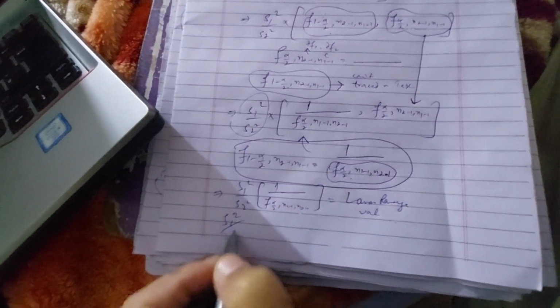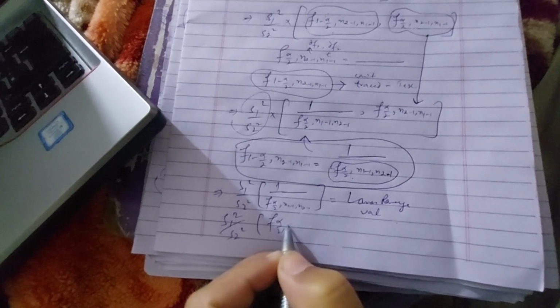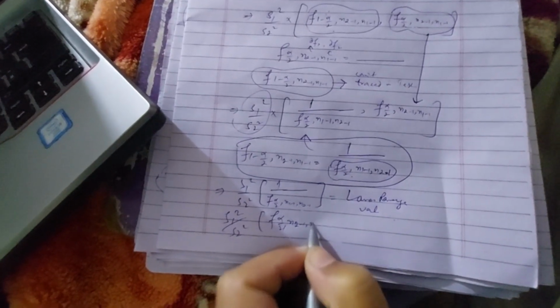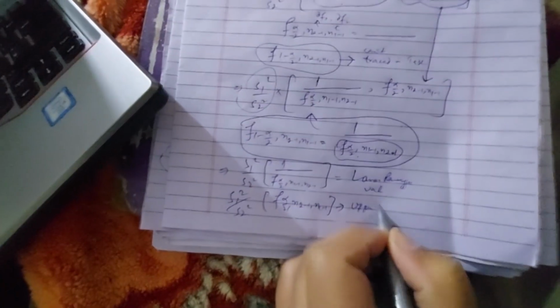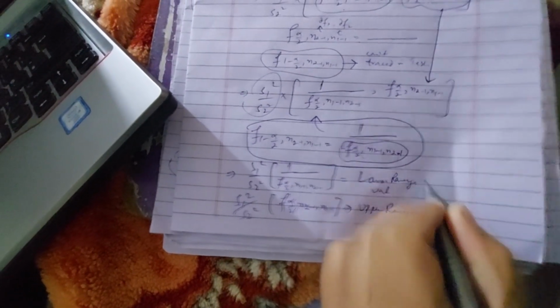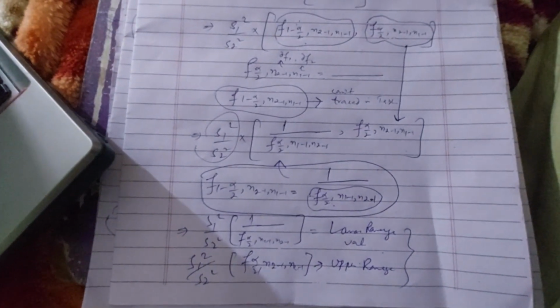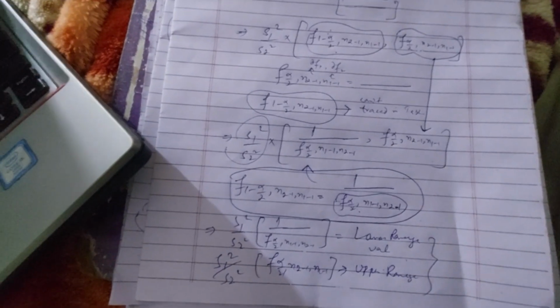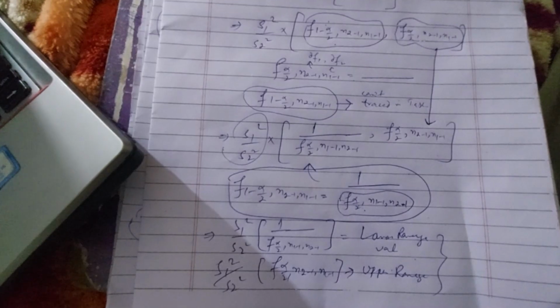And S1 square divided by S2 square into f of alpha by 2 and 2 minus 1 and 1 minus 1 will give us the upper range. So that is how it is done. This is simple, this is not that difficult.